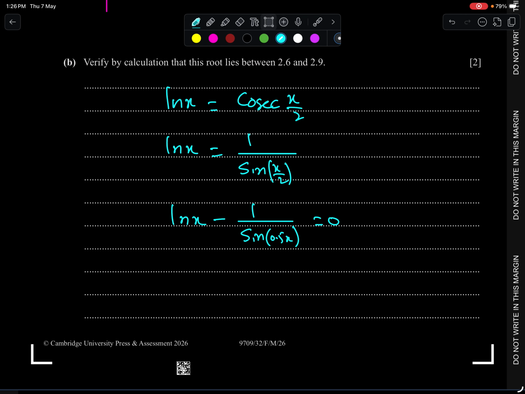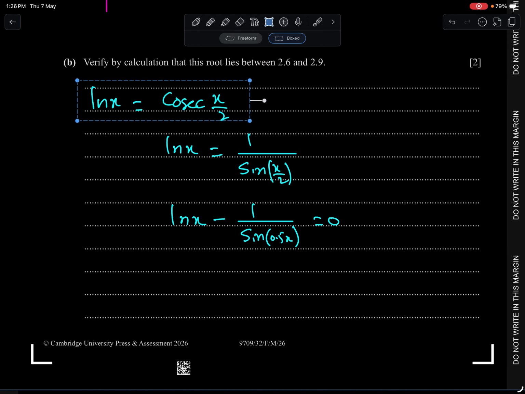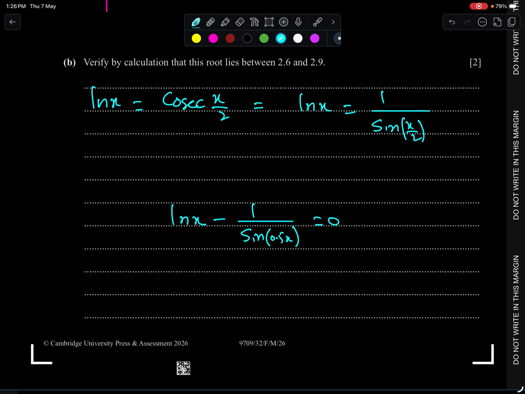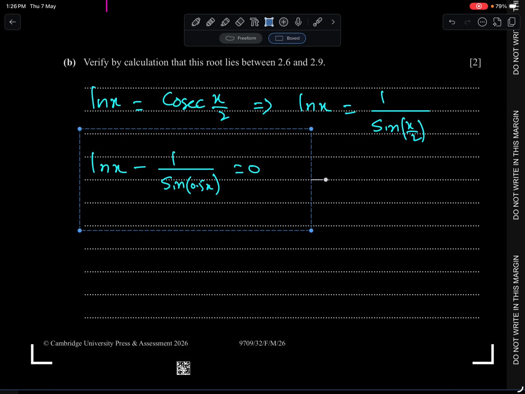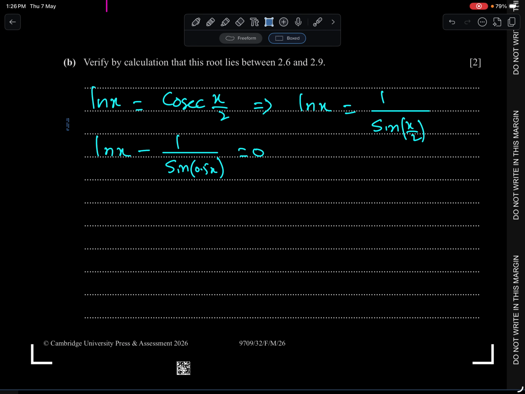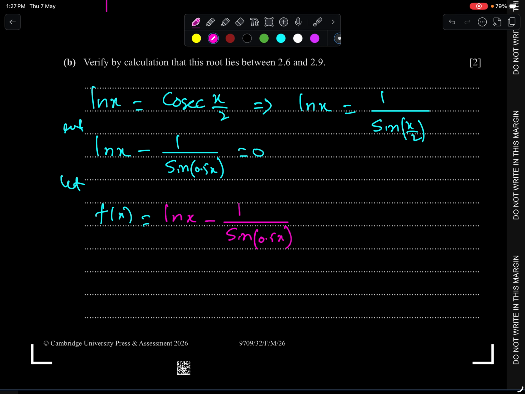Now suppose this is f of x, ln x minus 1 upon sine 0.5x. Now substitute these values in radian mode.